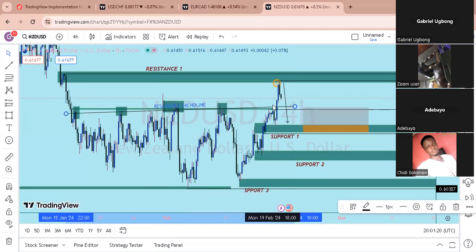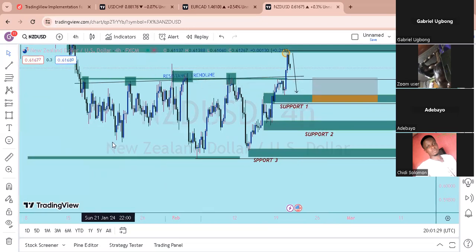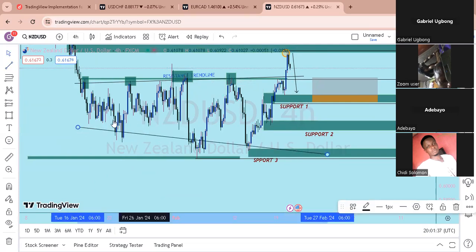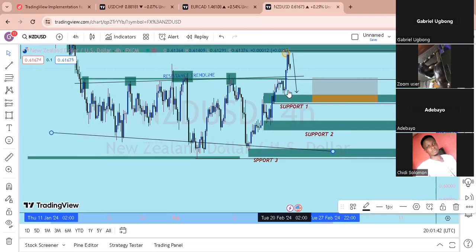Right now, this market has closed outside of this trend line. But let's see what happens by tomorrow. Now we look down here, see what happened also. We have some zigzag. So we'll do the same thing. We also draw across here, and we can see it here. What do we call this?